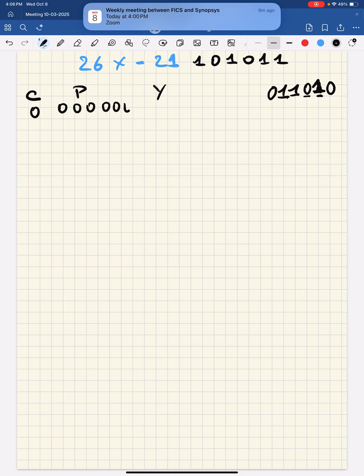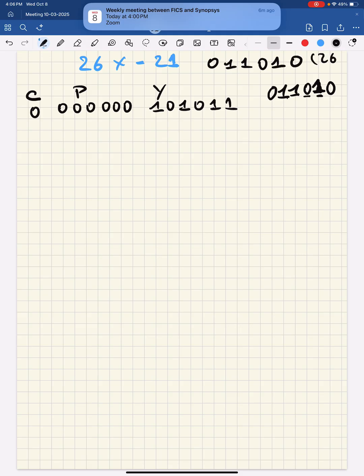The Y is also going to be on 6th position, and we're initializing the Y with minus 21: 1, 0, 1, and then 0, 1, 1 for the 21. I need to remove that here and then copy that a little bit higher: 0, 1, 1, 0, 1, 0 for the 26.